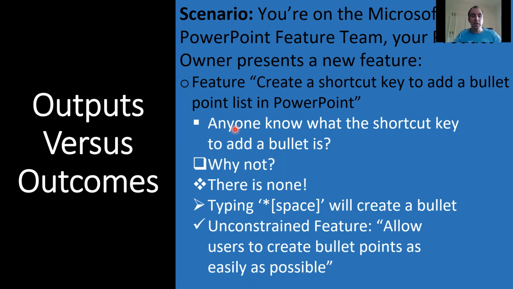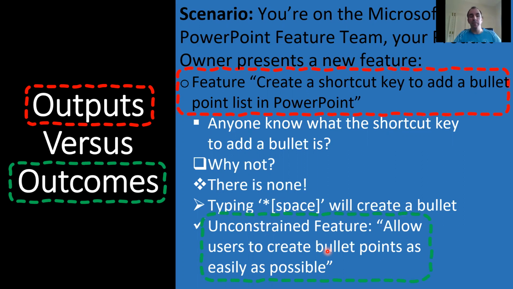So imagine instead of coming to you with this constrained feature, I rather came with an unconstrained feature saying, I want you to allow users to create bullet points as easy as possible. So the top one in red is an output, the bottom one is an outcome. Outcomes allow us to be creative in the solution that we come up with.